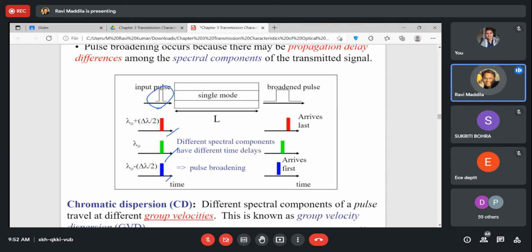All these wavelength components would propagate with different velocities because of the group velocity characteristics in an optical fiber. And hence what you have here is one pulse which arrives last and one pulse which arrives first, and there's another pulse which arrives in between. And when we club these three together, we have a broadened pulse. I hope this is understandable.